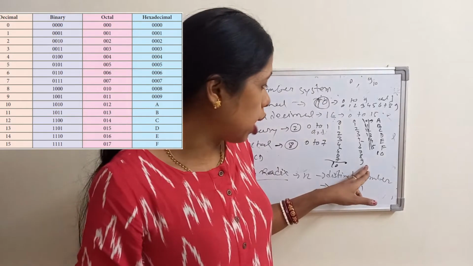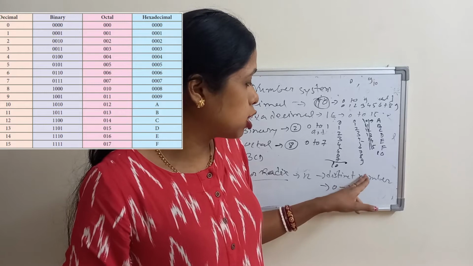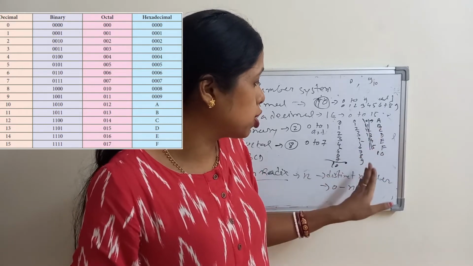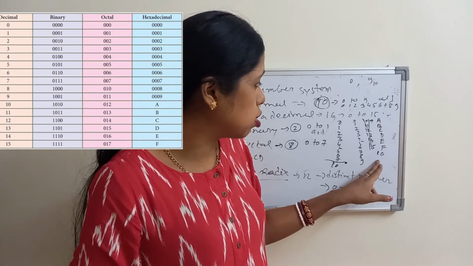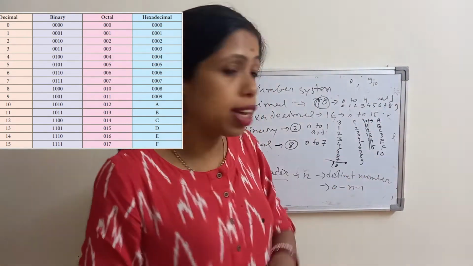Okay. Now after 9, in case of hexadecimal, A, B, C, D appear. To distinguish this 10 and that 10, this 10 is represented as A.